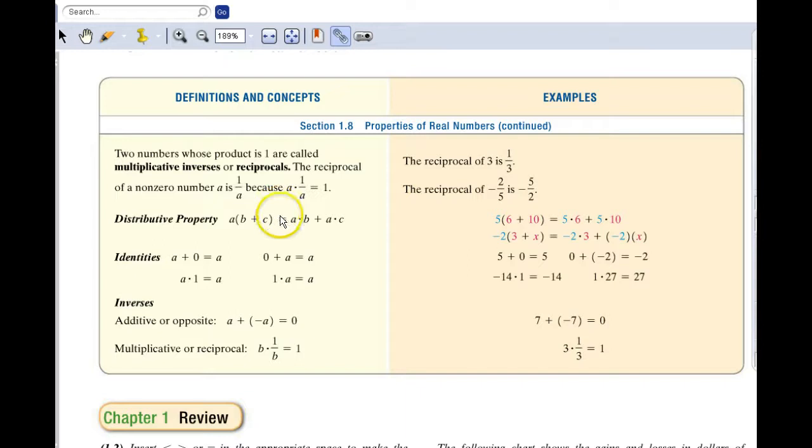Okay, and then we have the distributive property first. We just distribute the A to the B, which becomes AB. Distribute the A to the C, plus AC.